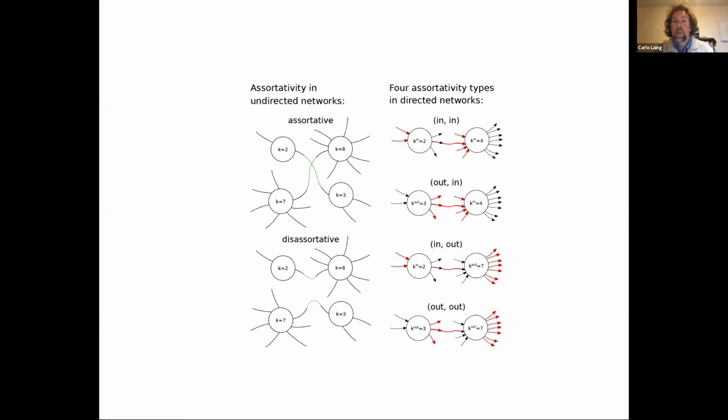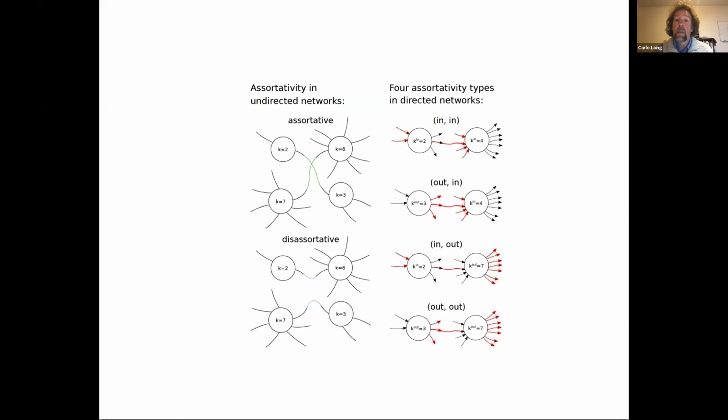But now what we're going to do is say, well, let's look at the in degree of the presynaptic and the in degree of the postsynaptic neuron. And if they're both above average, for example, we might bias the probability of having that connection, make it greater than just by chance. Or if they're both lower than average, we might increase the probability of that too. So that would be what we call positive assortativity between the two in degrees.